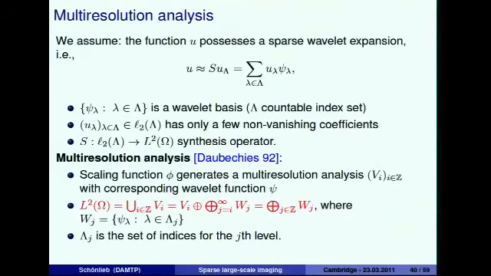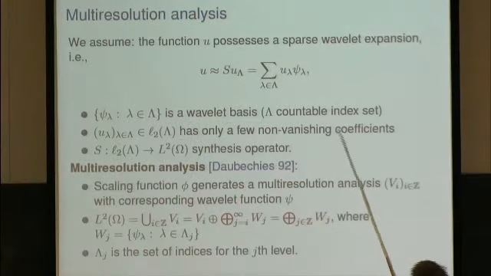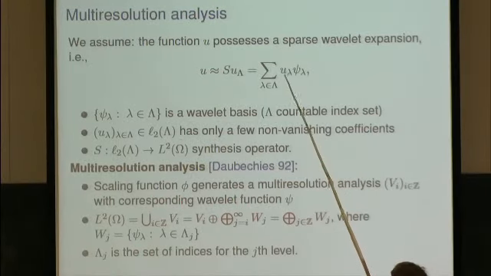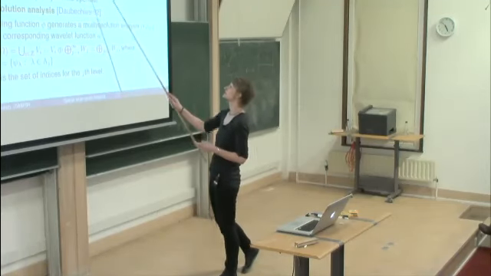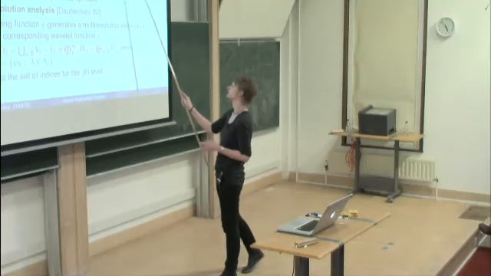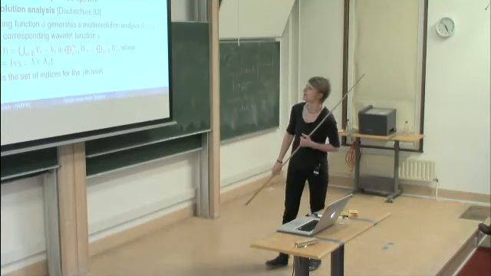So assume that your function u that you want to reconstruct has a wavelet expansion in this form, where psi lambda is your wavelet basis, and you assume that you only have a few non-zero coefficients u lambda, meaning that this expansion here is sparse.